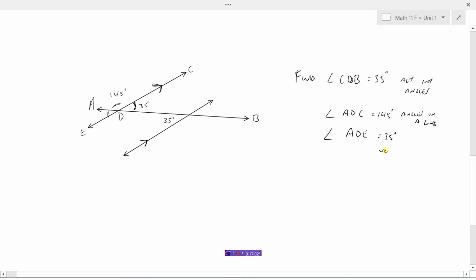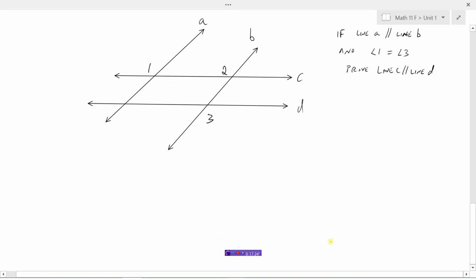Vertically opposite to CDB, to angle CDB. Okay, so there we've shown, we found the angles that they've asked for using our properties of parallel lines.